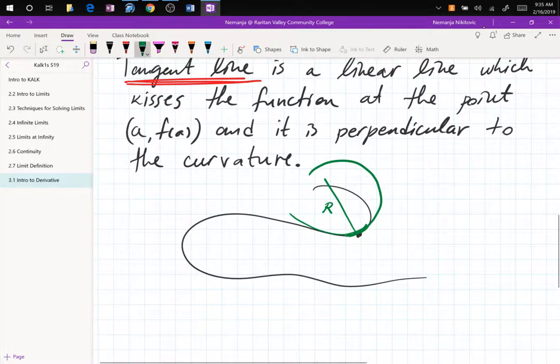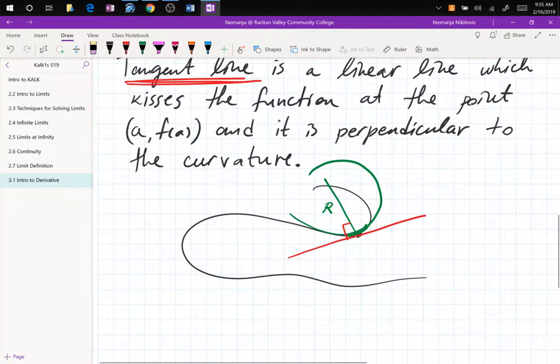So the tangent line that you draw through this point will be perpendicular to the radius that comes in to that point. So that's what it means to be perpendicular to the curvature.